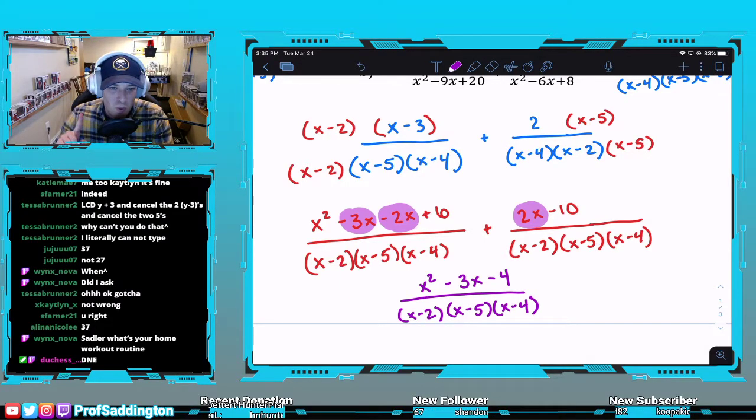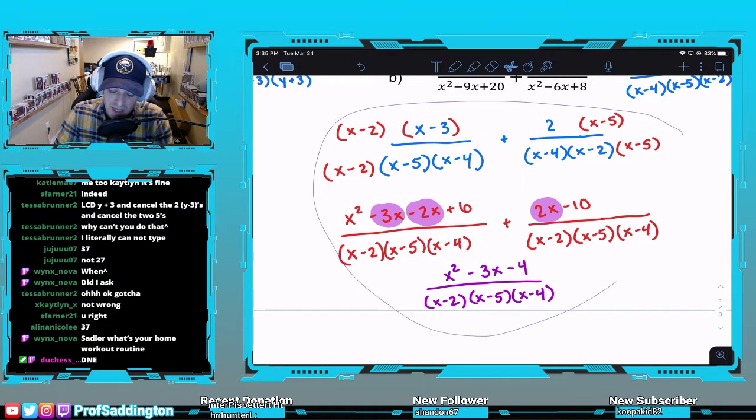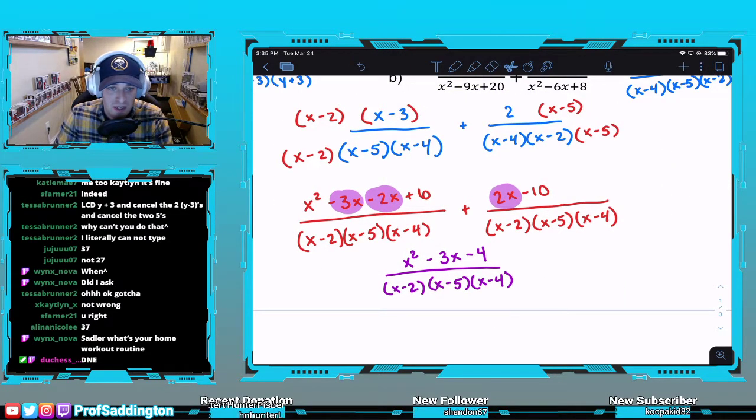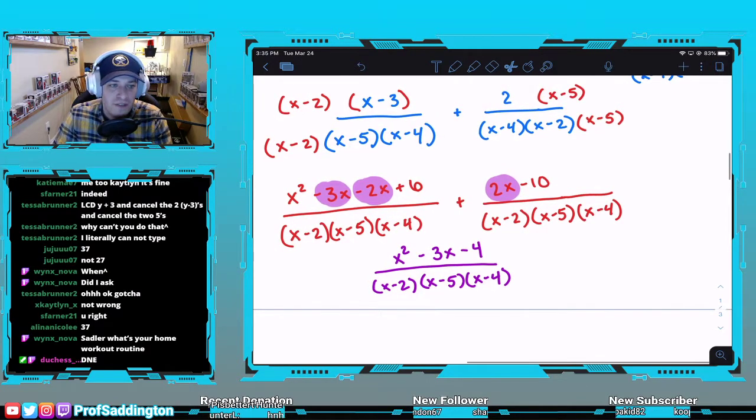Technically, there is one more step, and this is the one that I thought was going to happen in part A. So I'm going to show this, and then I'm going to end the stream here. So technically, we just have to make sure the fraction is completely simplified. So in order to completely simplify the fraction, we have to make sure everything is factored.